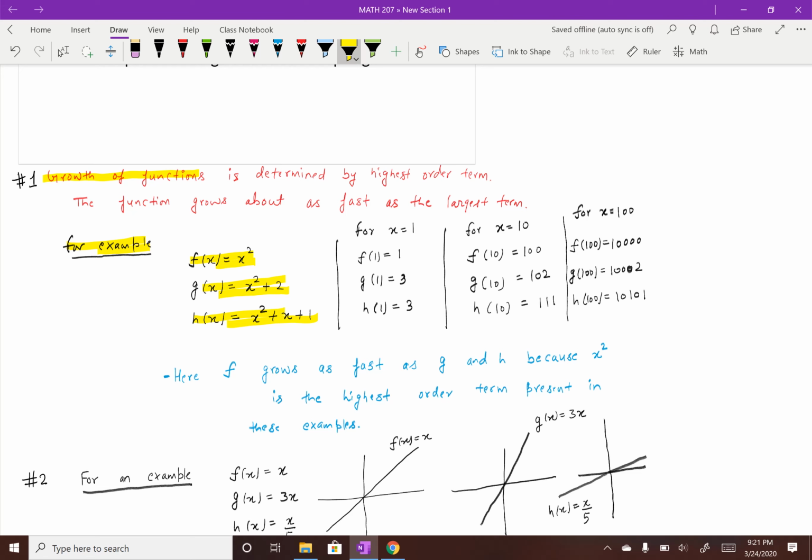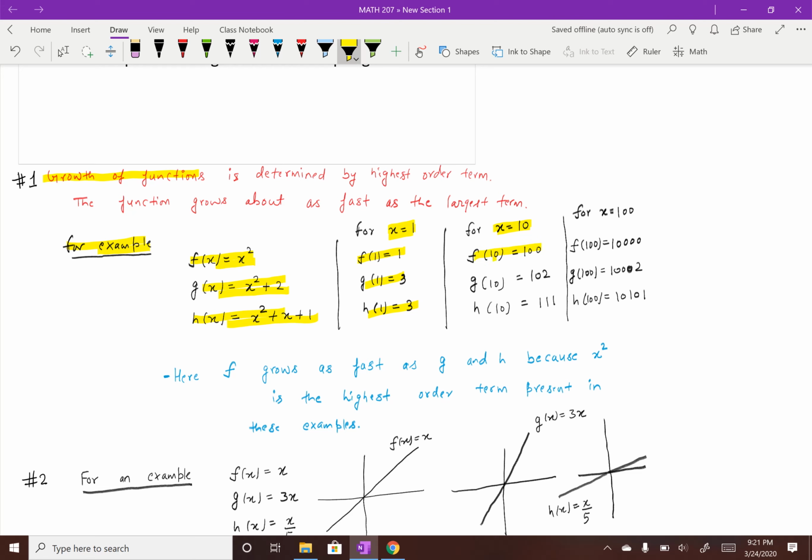For a small value of x, when x is equal to 1, f of 1 is 1, g of 1 is 3, and h of 1 is also 3. But if I increase my value of x from 1 to 10, then you see the values will grow.